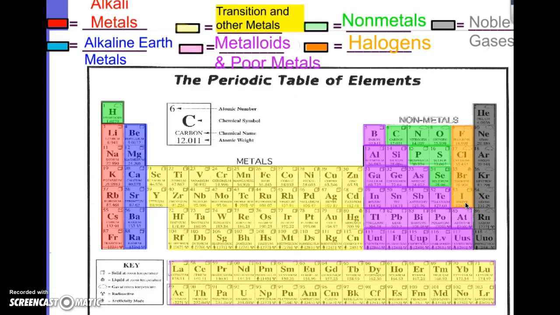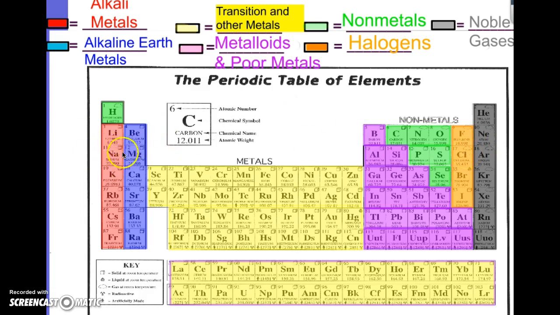And one of the things that's interesting about the halogens is, for example, chlorine. Chlorine has 7 valence electrons. Well, sodium has 1 valence electron. Sodium and chlorine bond together very well, and sodium chloride is actually what creates your table salt that you put on all of your food.